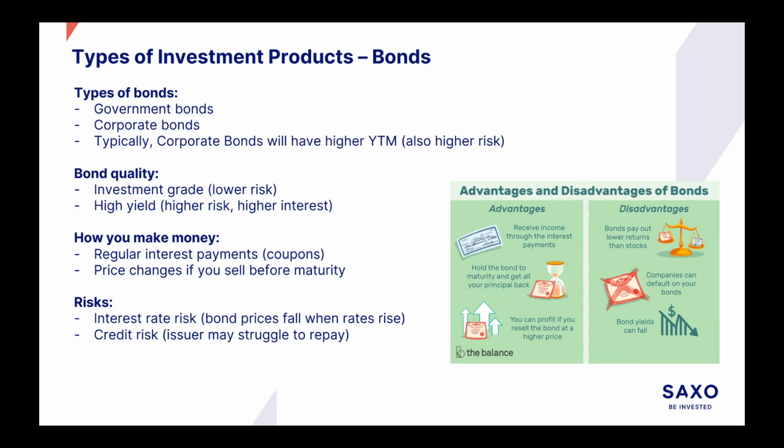And basically, what this rating tells us is the probability of default behind the company or the government or the country that issues these bonds. Because basically, a bond is just a loan that you as an investor give to a company or to a country. And therefore, of course, there is a risk that this company is not able to pay back my loan. And that's what we call the risk of default.